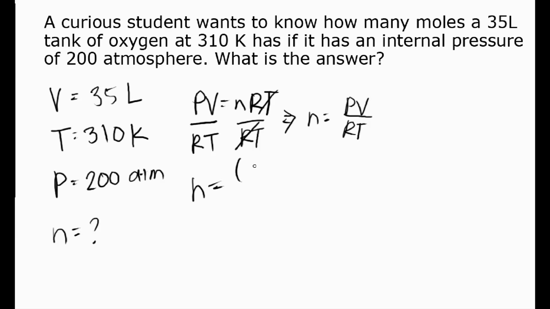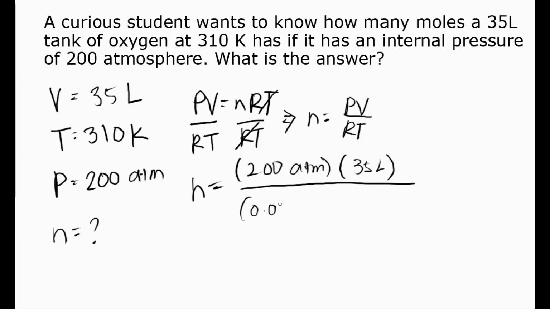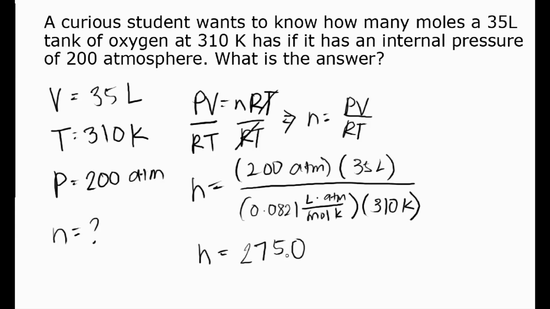So let us substitute the values. 200 atm times 35 liters, all over 0.0821 liter atmosphere over mole K times the temperature 310 kelvins, and the number of moles would result to 275 moles of gas.